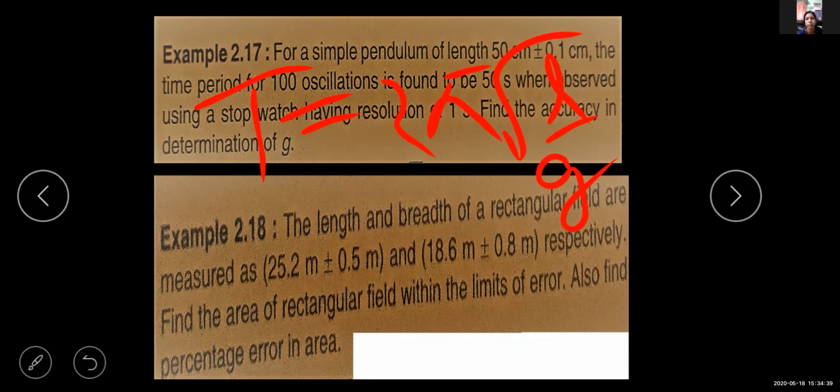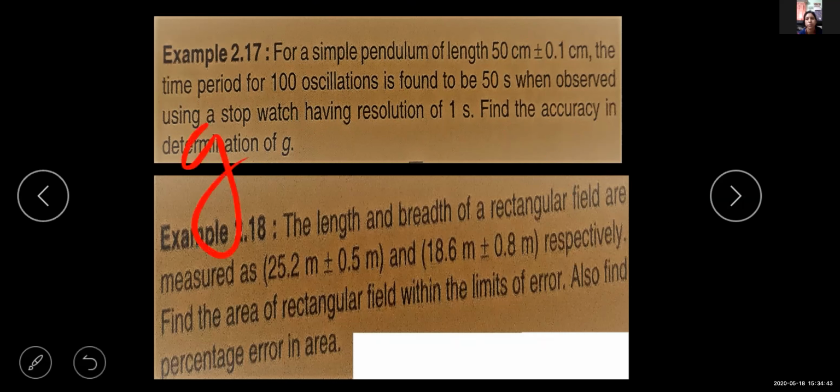You will get small g, the acceleration due to gravity, given by g equal to 4 pi square L upon T square. Using the law of combination of errors, find the value of error in g.